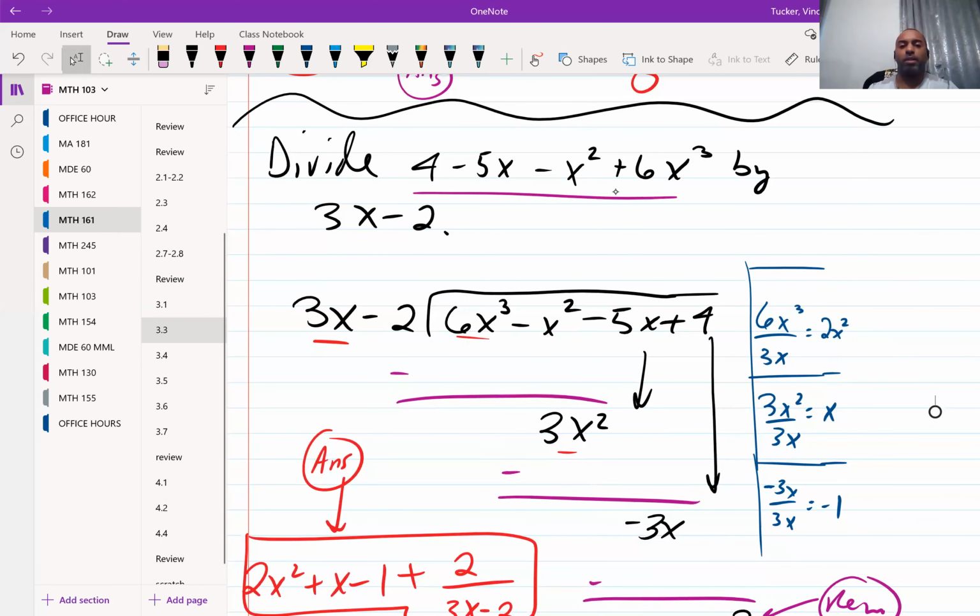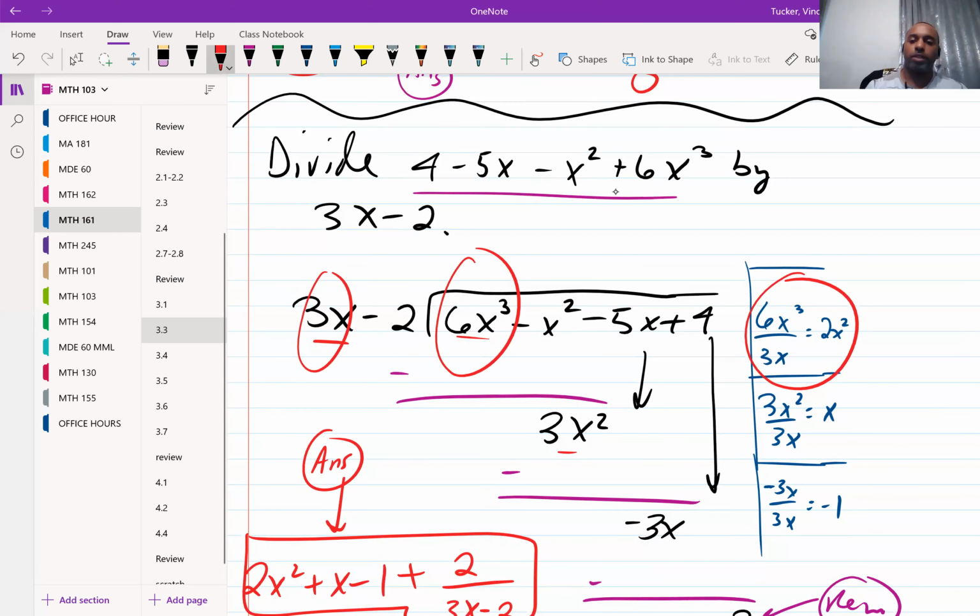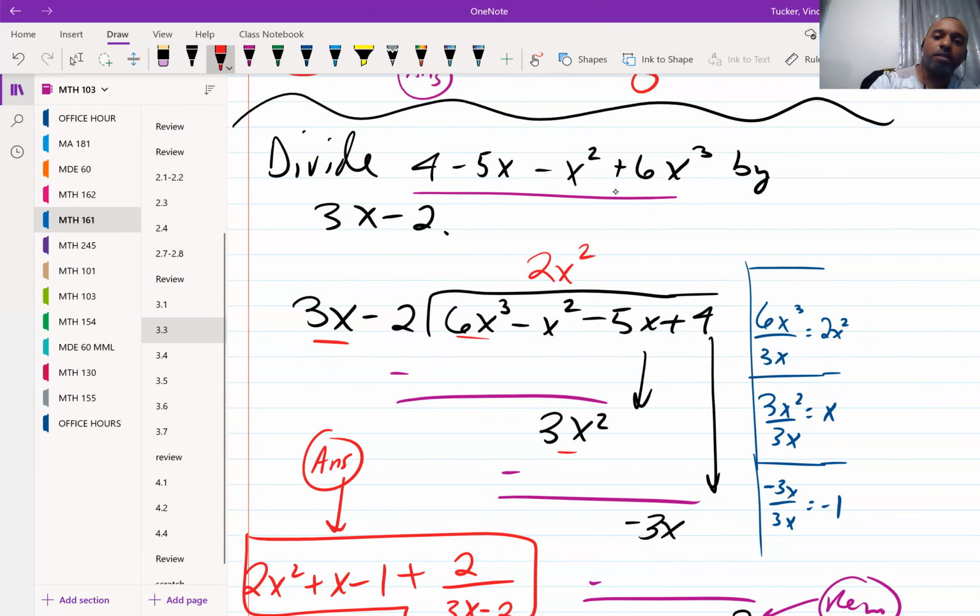Now we have to follow the process that we did in the last one. We're going to compare the first terms in each, 3x and 6x cubed. What times 3x will give me 6x cubed? Or in other words, 6x cubed divided by 3x, whichever way you want to process it. And that is going to be 2x squared. Once again, lining up my x squareds.